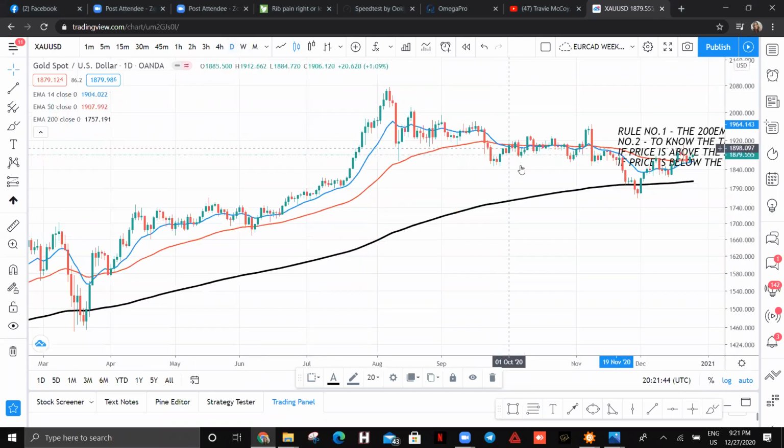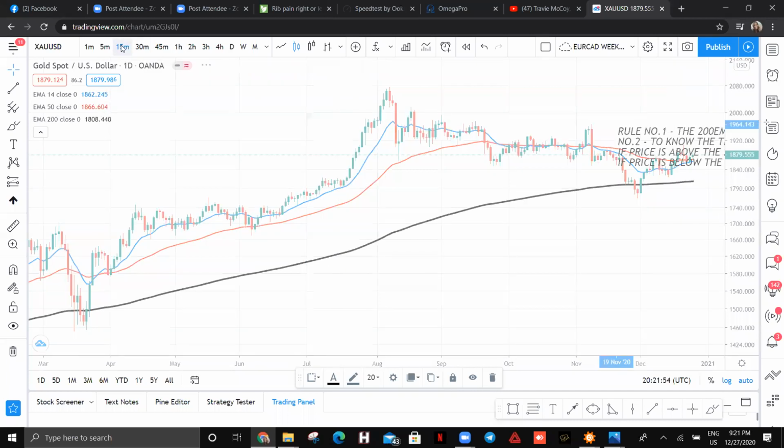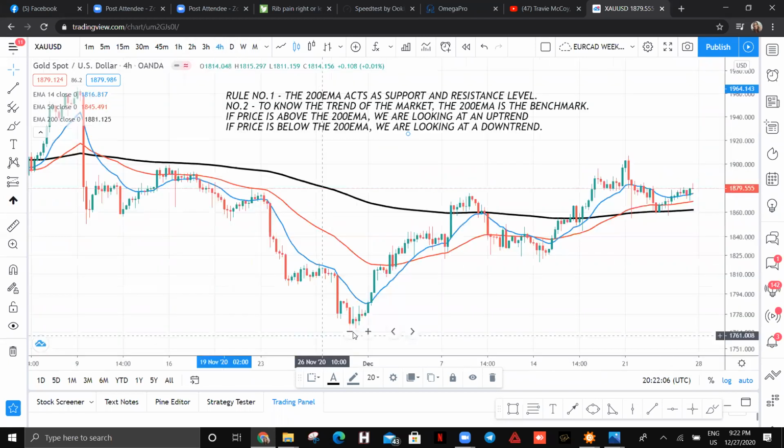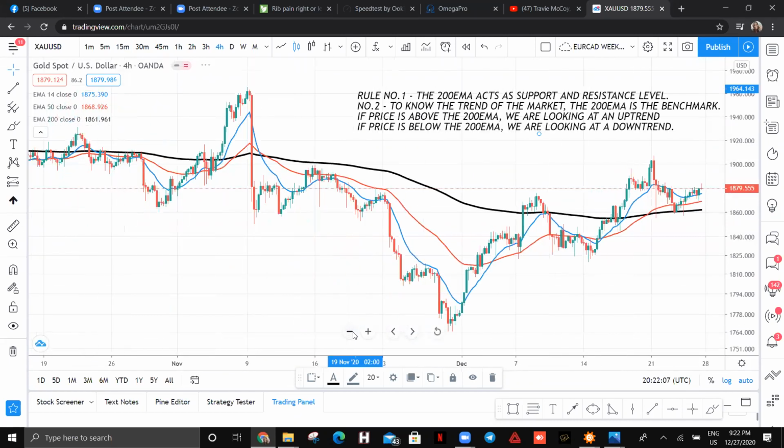Price is still above the 200 moving average. So now what you're going to do on 15 minutes is to look at more of buy opportunity. Remember, I told you that this is just a scalping strategy. All you need the 4 hours for is to check where price is so you can know what to look out for if you're scalping.